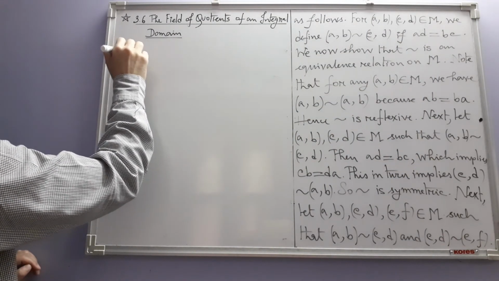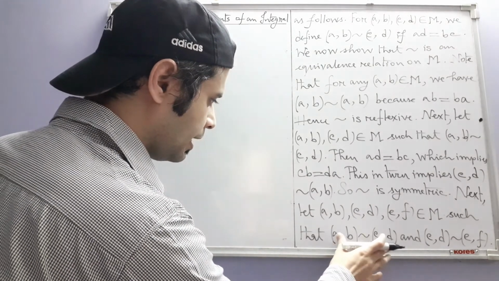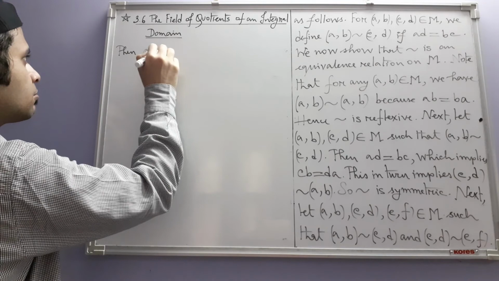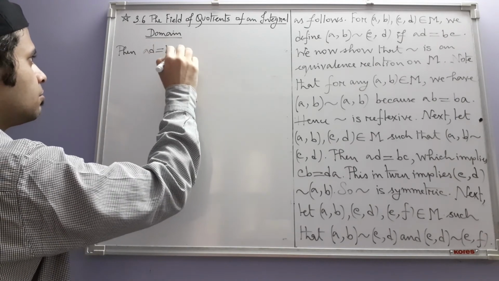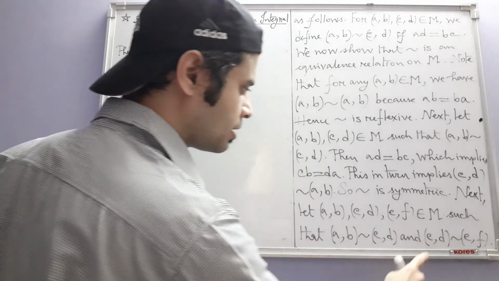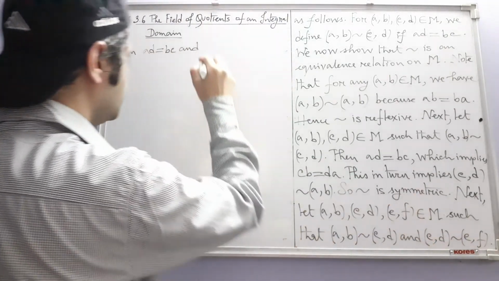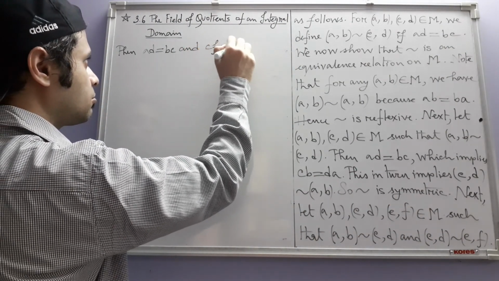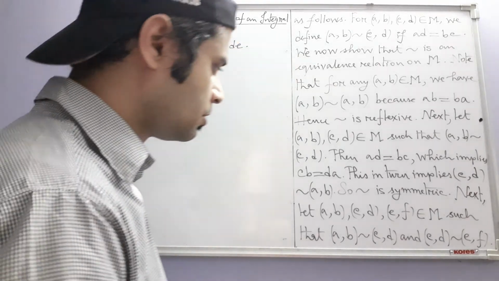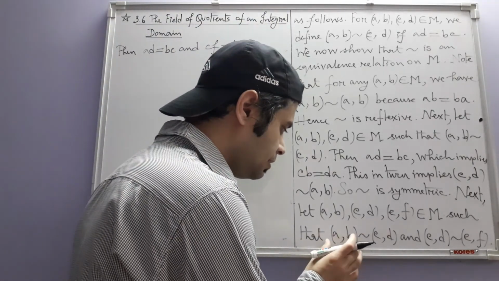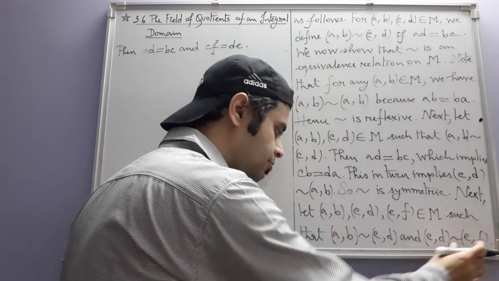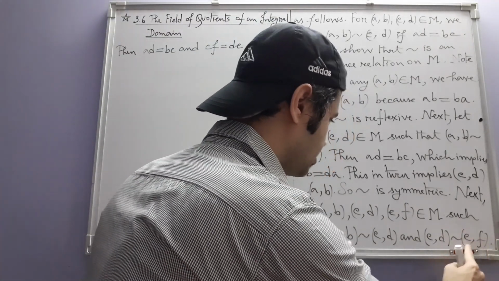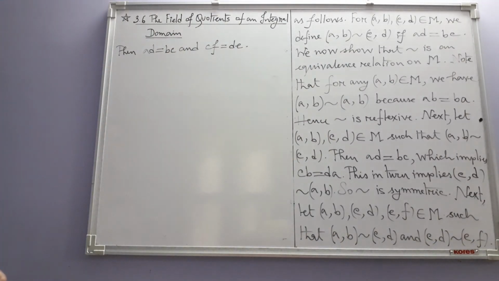Then what do we have? AD is equal to BC. And from here we will have CF is equal to DE. For having (A, B) related to (E, F), what do we need? We need AF is equal to BE.